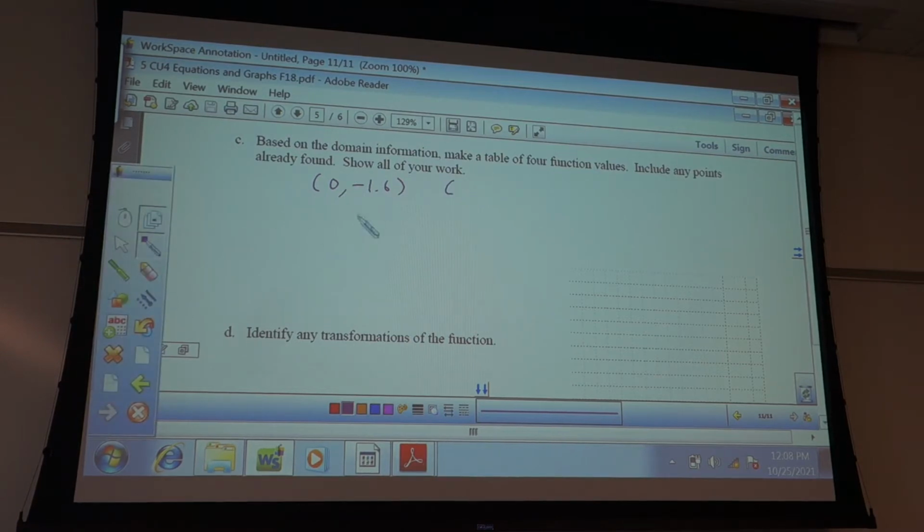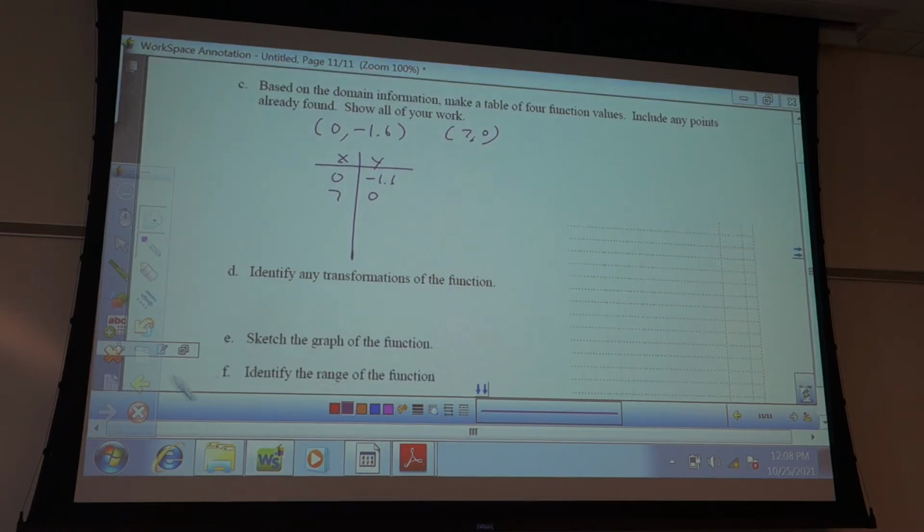I need to make a table, my bad. Alright, so here's my x and my y.